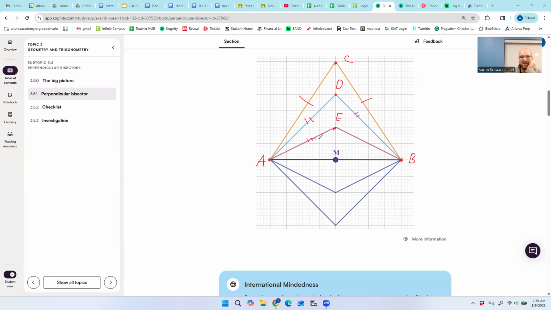Same with E, F, and G, and M. All of these points, M being the midpoint, lie on the perpendicular bisector. Bisector means it cuts it in half. Perpendicular means the line is perpendicular. And there's a nice property from geometry that all points on a perpendicular bisector are equidistant from the two endpoints. Those two endpoints in this case being A and B.